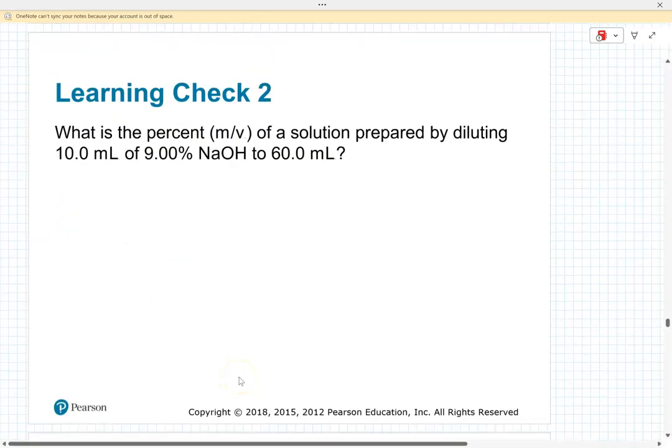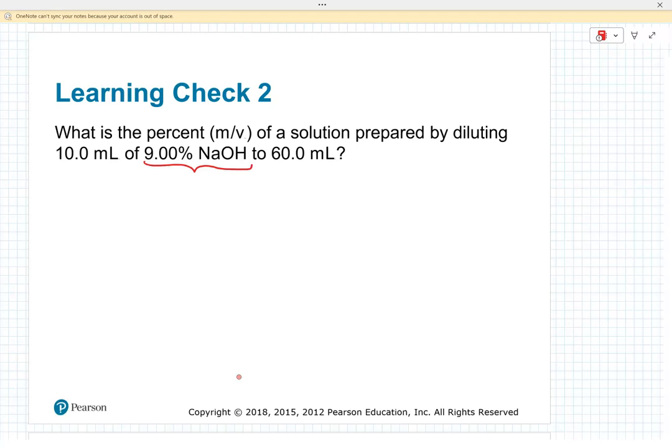So let's play some learning checks. So we have 9% solution of sodium hydroxide, and it's mass volume concentration. How should I write the conversion factor? So what is the constant, how should I rewrite this 9%? Go on. 9 of what?